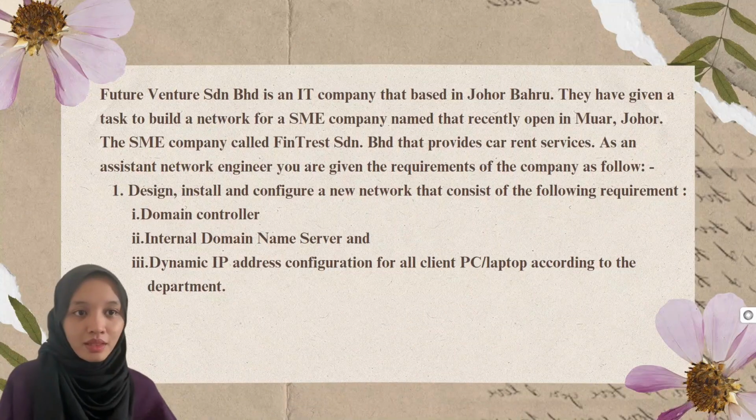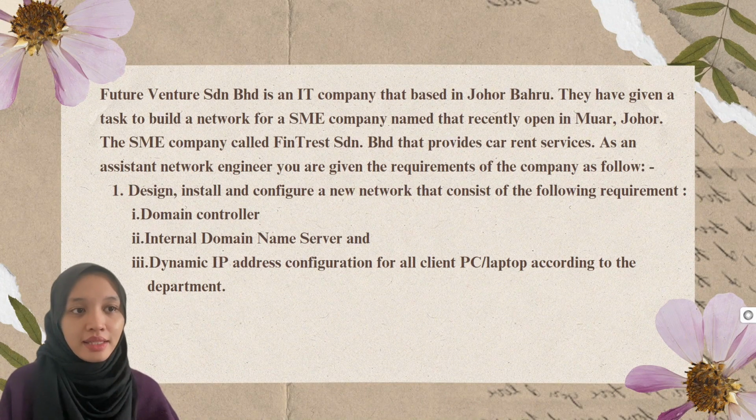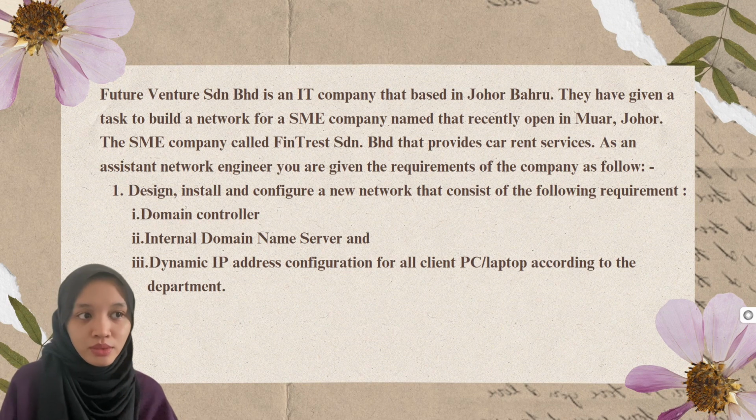The task: Future Ventures Sdn Bhd is an IT company based in Johor Bahru. They have been given a task to build a network for an SME company that recently opened in Muar, Johor, called Fintrust Sdn Bhd.